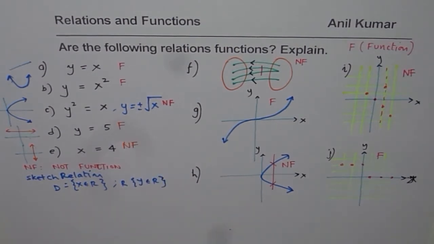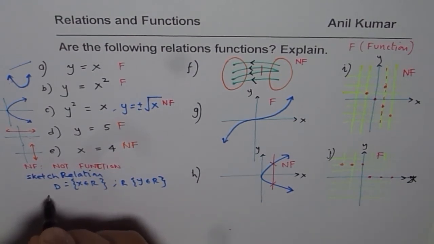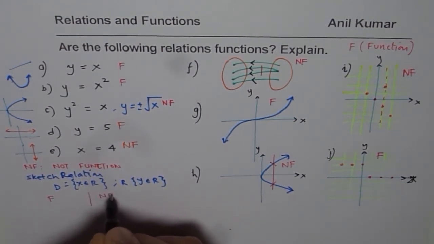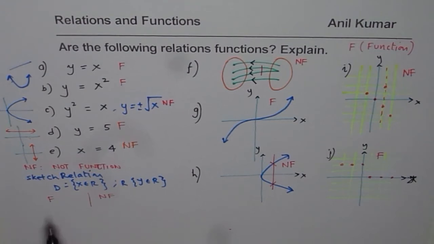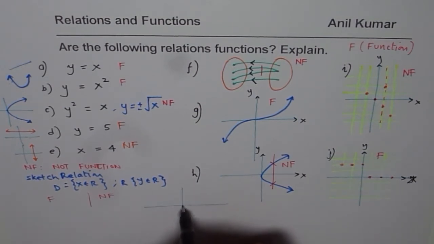Give an example of a function and not a function. So I would like you to sketch two different graphs. One where the relation has domain and range as all real numbers, but one is a function, the other one is not a function. So that is a question for you. You can pause the video, try to sketch.